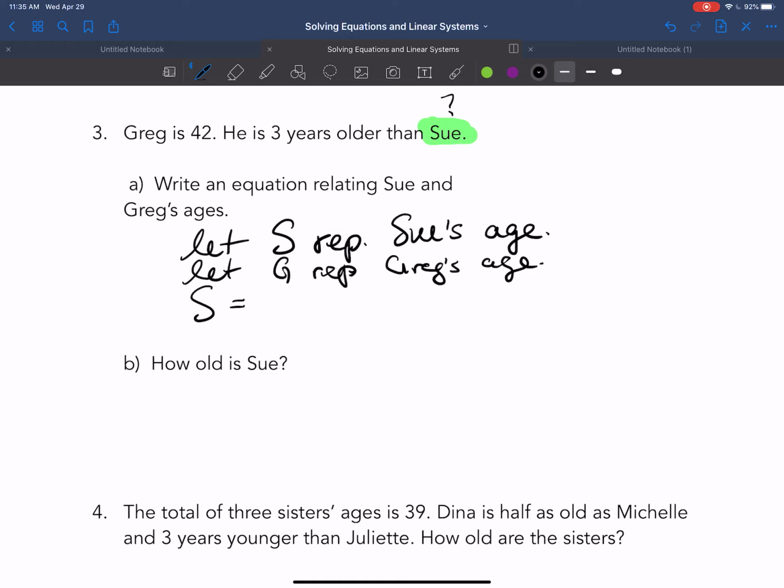So it's going to be Sue's age is Greg's age minus 3, since he's 3 years older than Sue. We could also say that Greg's age is equal to Sue plus 3.